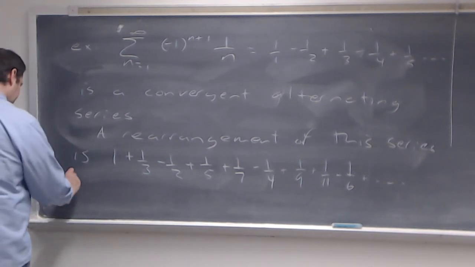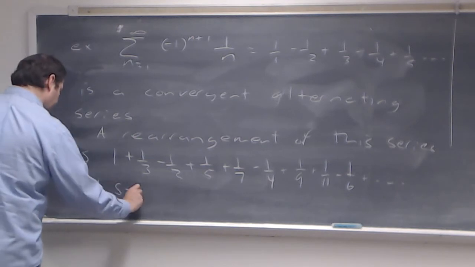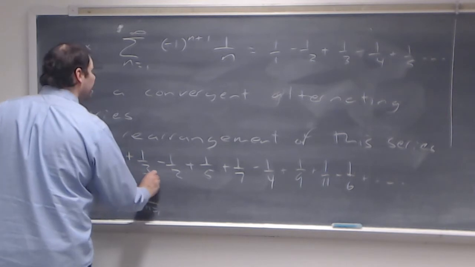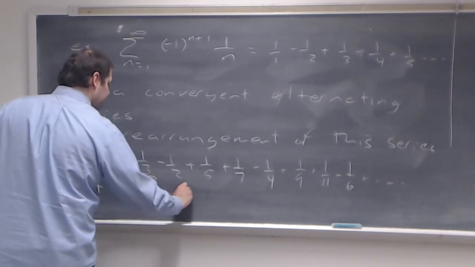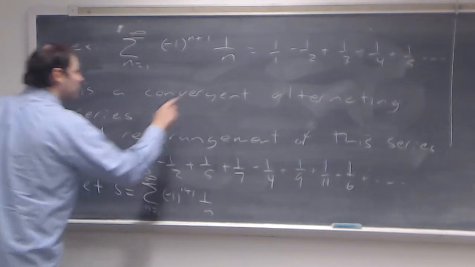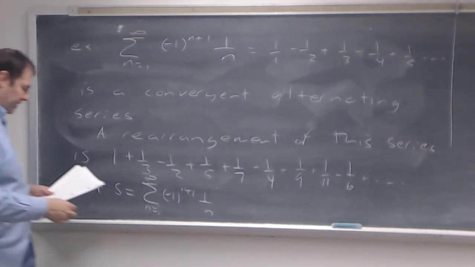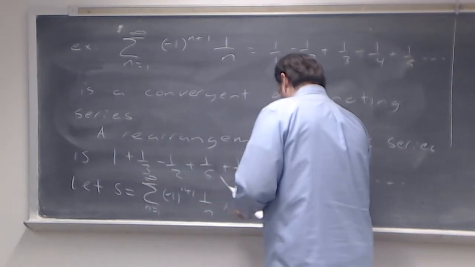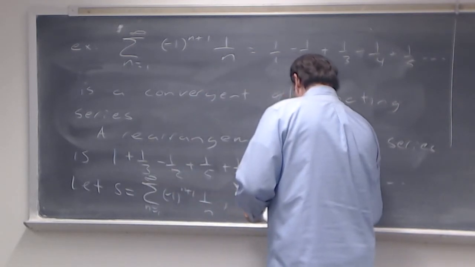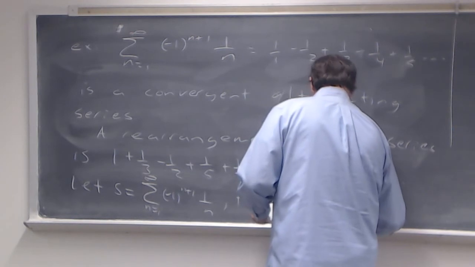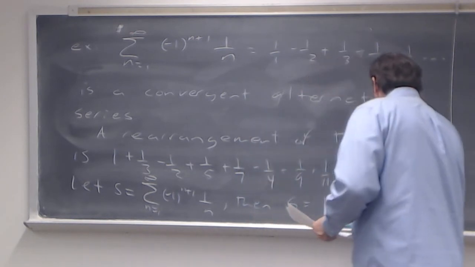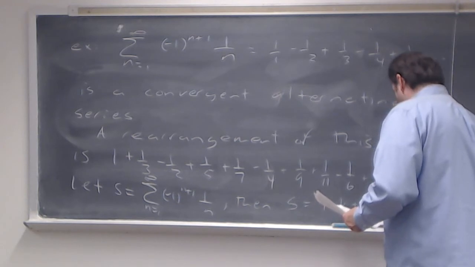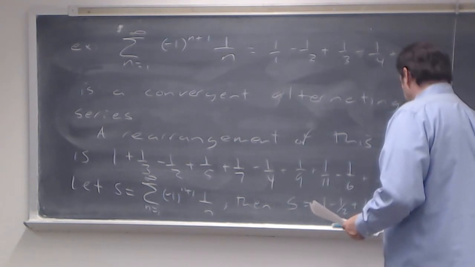Now, if we let S equal this sum, as n runs from 1 to infinity of minus 1 to the n plus 1 times 1 over n, which we know converges, okay? Then we look at this in a certain way. We can say that S is equal to 1 minus 1/2 plus 1/3, and then plus the sum as n runs from 1 up to infinity.